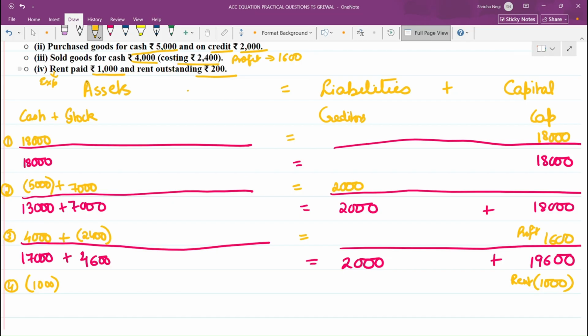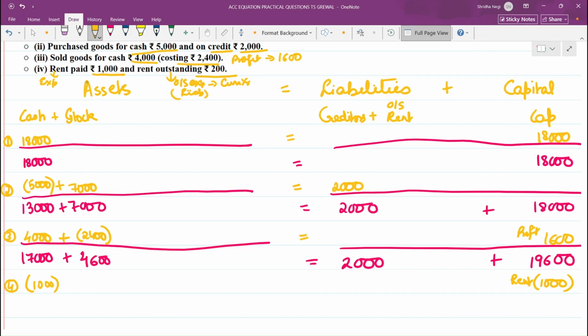And there is more. What is there? Rent outstanding. So this is your outstanding expense, of the current year. So this will affect the capital account, and rent outstanding is a liability for the firm. So here cash will not be affected because you have not yet paid this 200. Your liability here you will write outstanding rent.